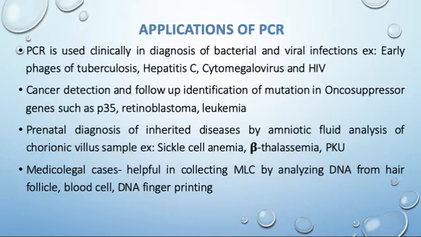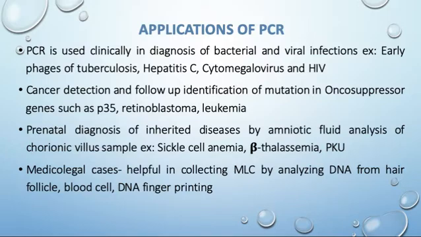It is used in cancer detection and also the follow-up identification of mutations in oncosuppressor genes such as P53, retinoblastoma and leukemia. So in cancer, it helps in both the diagnosis and the follow-up of the patients whenever they come for treatment.